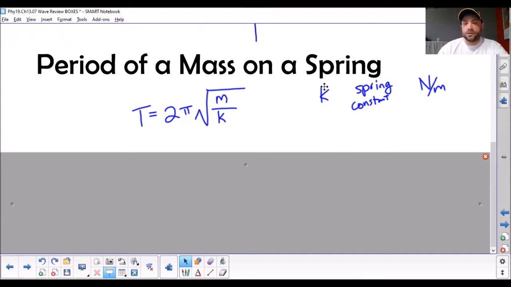As a reminder, spring constant is in newtons per meter, and that's going to tell you how strong or how weak that spring is. It can go from something like 1, which is like the spring in your pen, all the way up to ones on big massive trucks that are in the thousands.